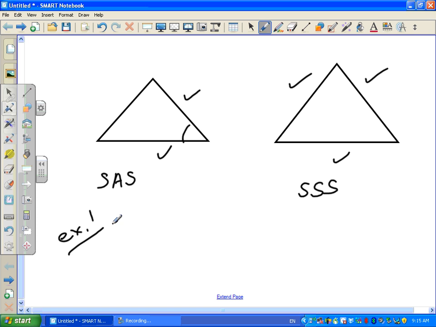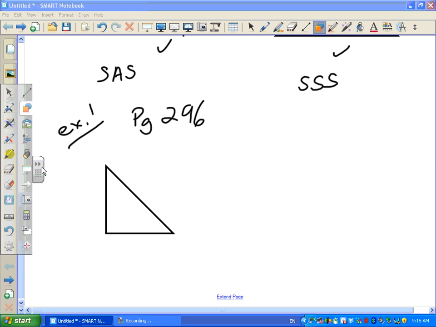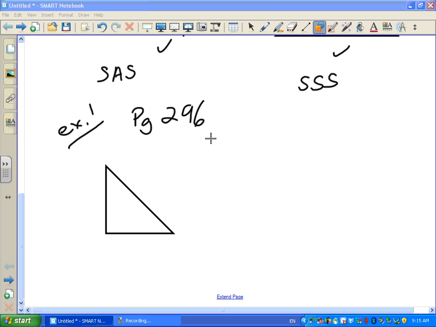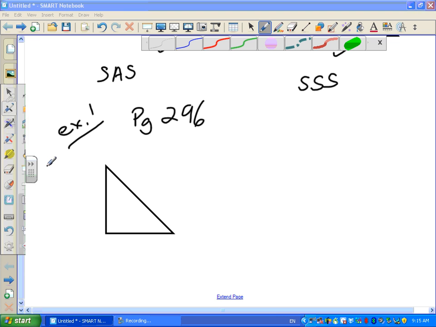Example 1. This example is on page 296. They've given us a triangle. And for your test, just to give you a heads up, on many of your textbook questions they've given you diagrams.